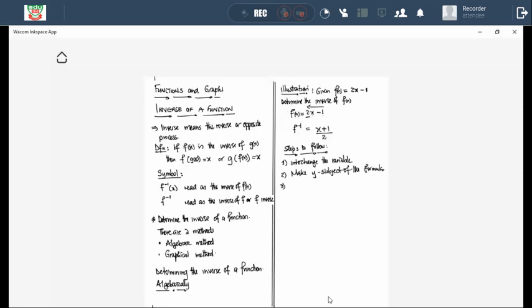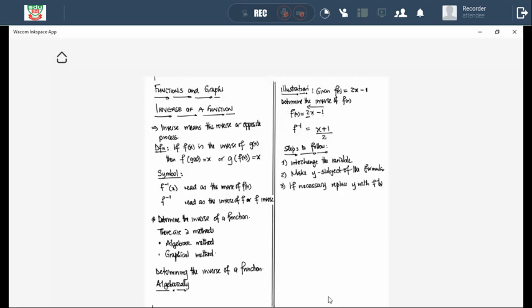Some examiners, they are not interested in that. Some, they are interested. So I'll just say, if necessary, replace y with f inverse.